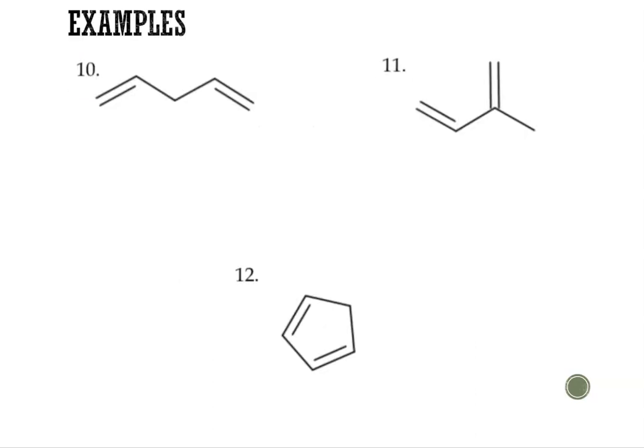Here it doesn't matter what side we start on. We have 1, 2, 3, 4, 5, or 1, 2, 3, 4, 5. Makes no difference. So we have a double bond on the first carbon and on the fourth carbon. So this is going to be 1, 4, and then this is, nope, penta, just kidding.